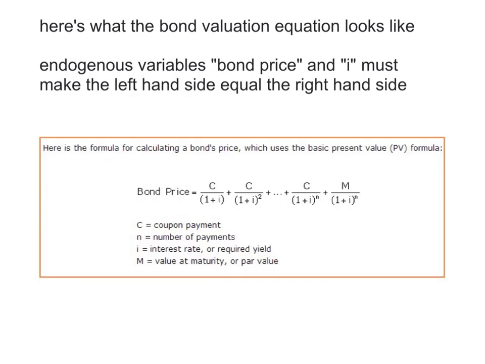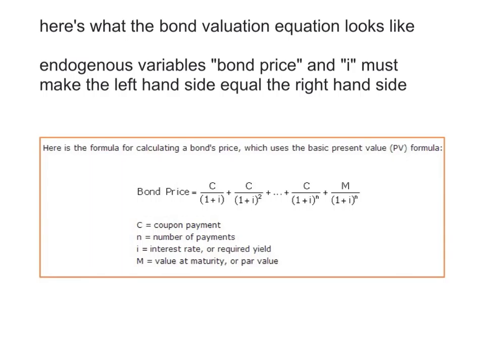It's a market price, just like in the demand and supply model that we study in Principles of Economics. There's a market price for a good or service determined by buying and selling.